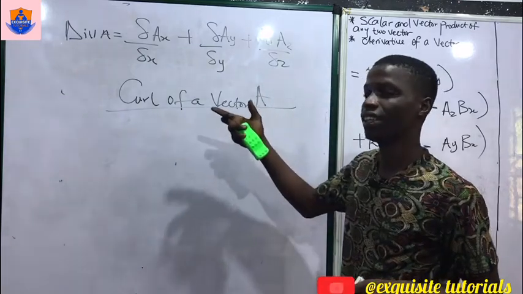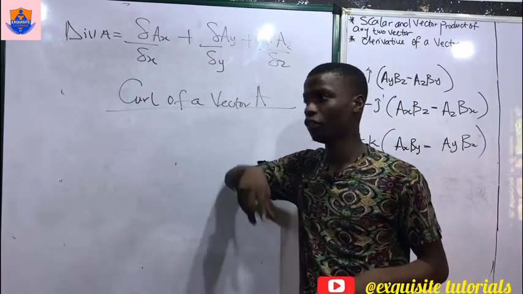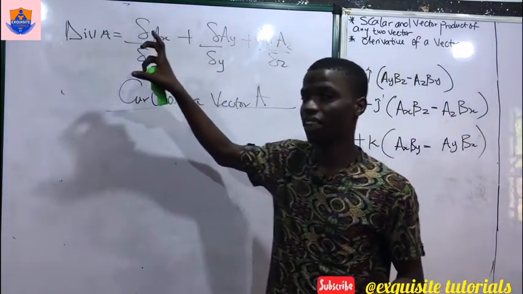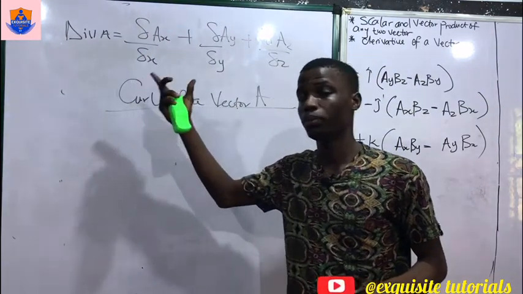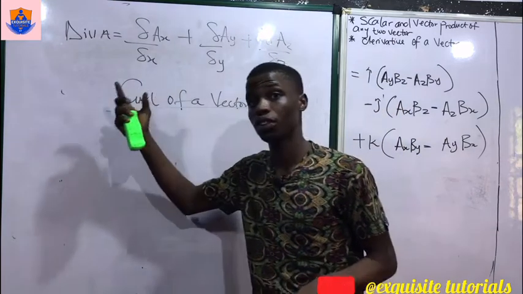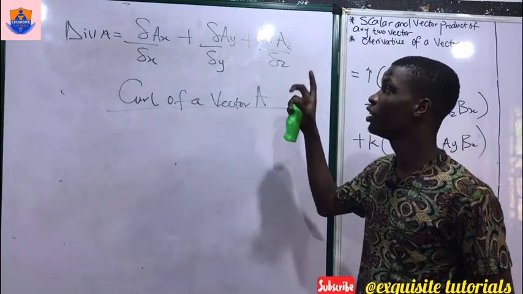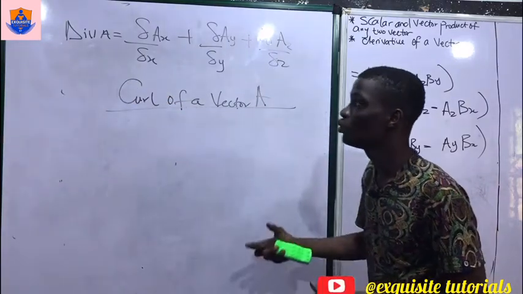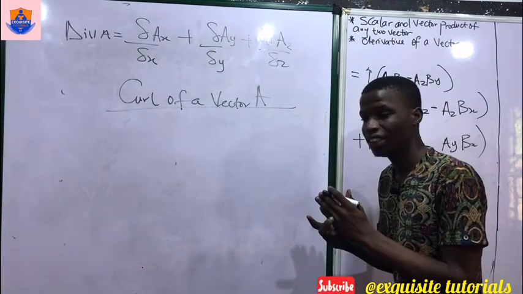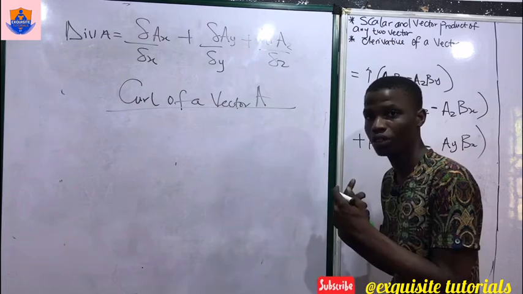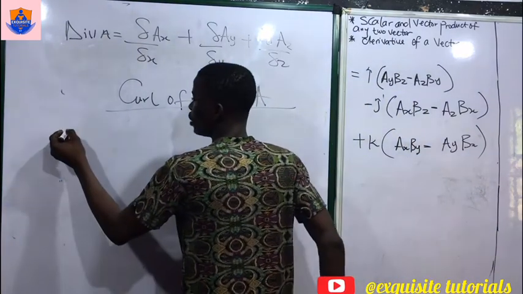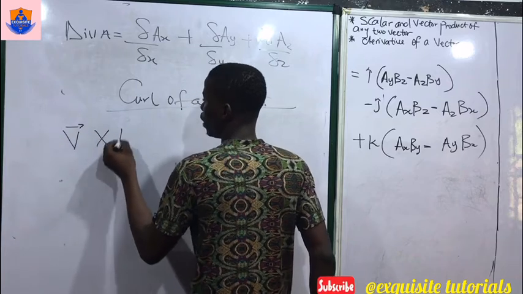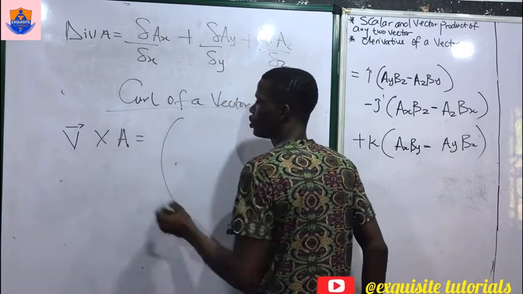Since we have scalar and vector products, we did the grad function dotted by A, giving the divergence of A. Then this time we will not be dot producting it. It's now like doing the vector product. We are now doing the grad function, that is our del, crossed by our A. It gives us the curl of any vector.